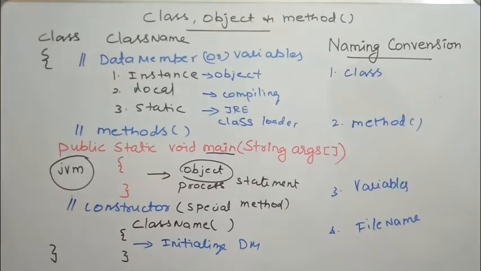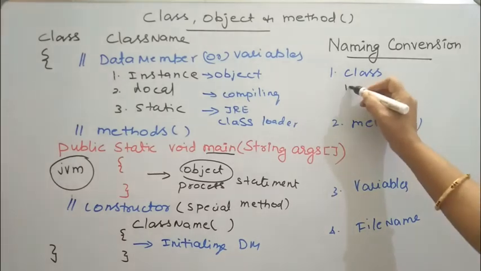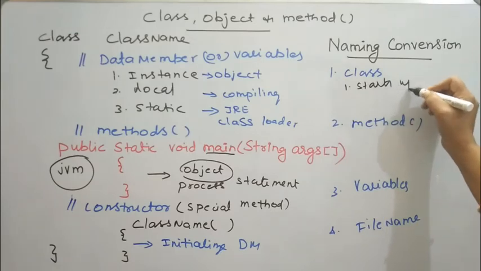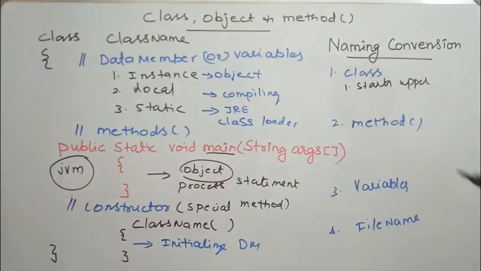When we are giving a name for our class, the class name always starts with an alphabet. The class name starts with an uppercase letter. All the rules we follow while giving a name for a variable are applicable while giving a name for class, method, variables and file name.